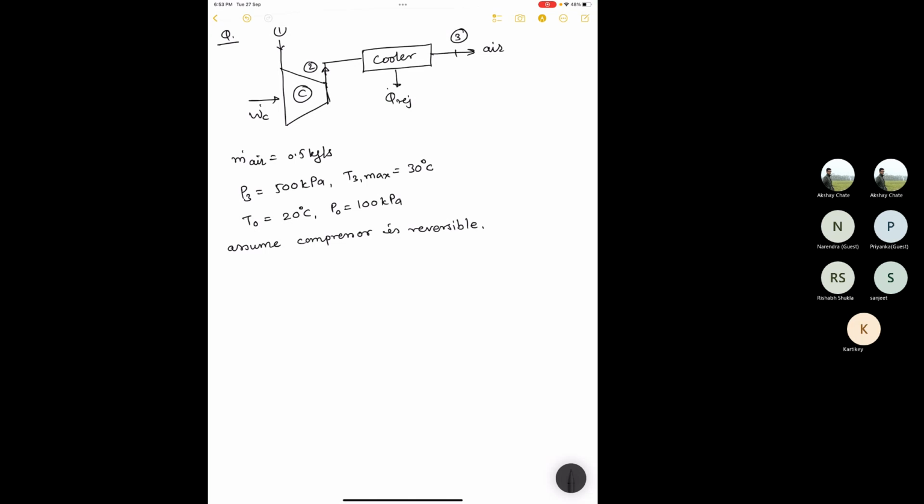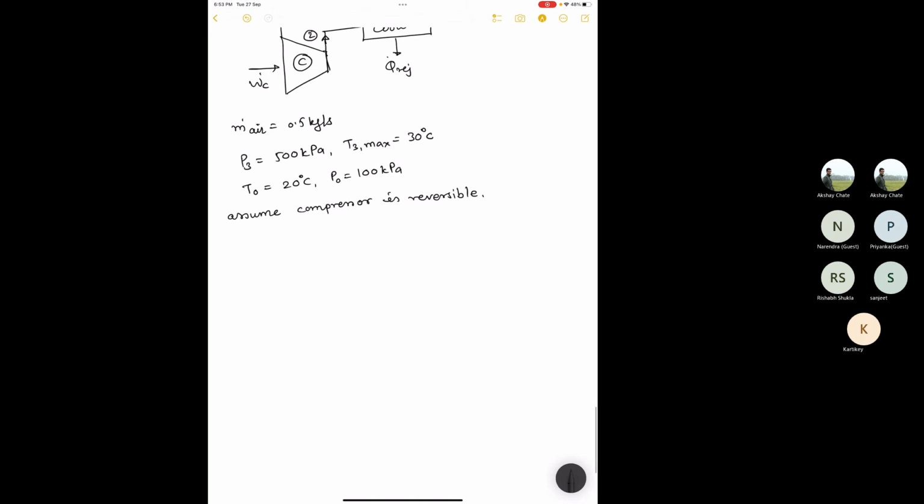But assuming a compressor or turbine to be reversible is not that great of an approximation. So you should not do it on your own. If you can't solve the question, don't take this assumption and solve the question. That will be wrong. But in this question it is mentioned here, so you can go ahead and take it.